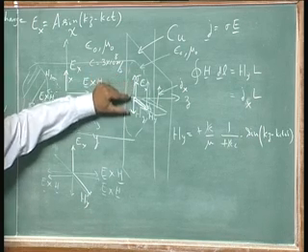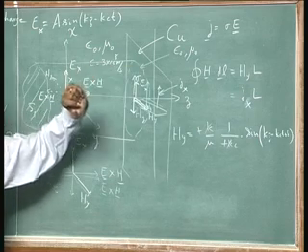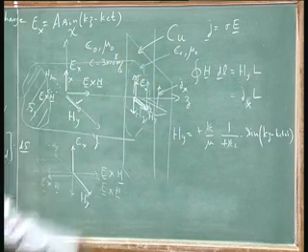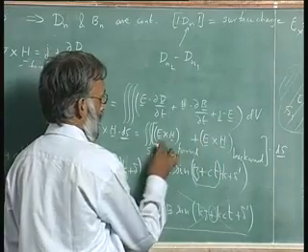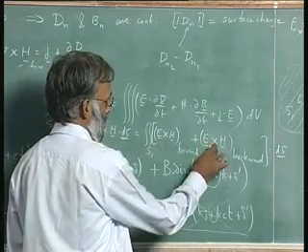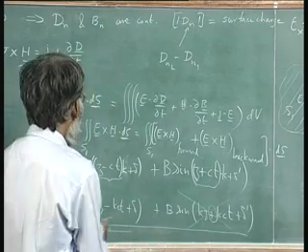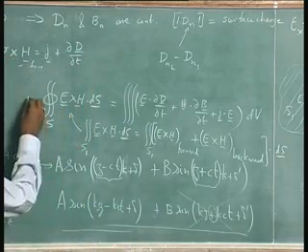Otherwise, this Ex would not have cancelled this Ex and I would have had some electric field inside the copper. So, it means these two E cross H's must be equal and they have opposite sign. So, that is why this also becomes 0.